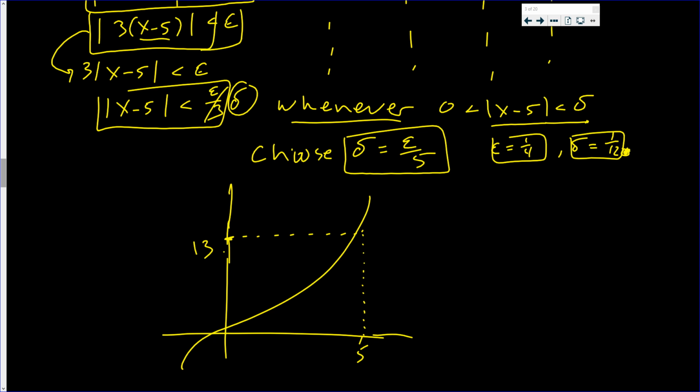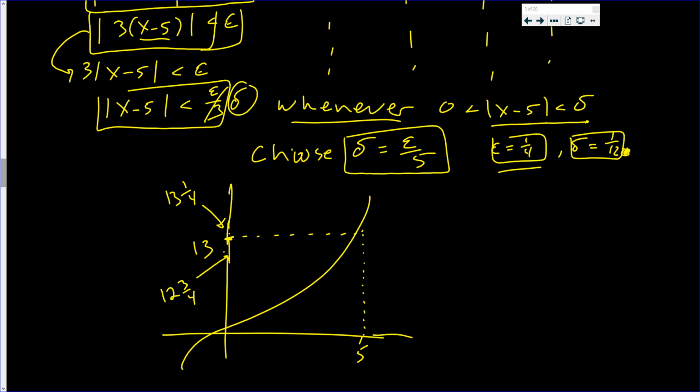There's 13. Well, if you pick epsilon to be 1/4, so this number is 13 plus 1/4, and that number there is 13 minus 1/4.